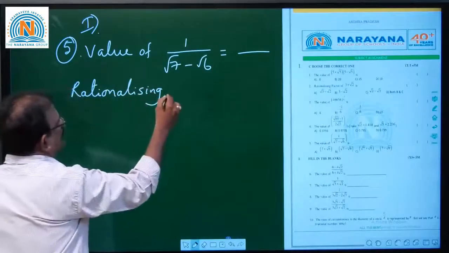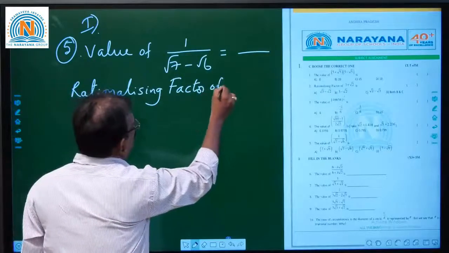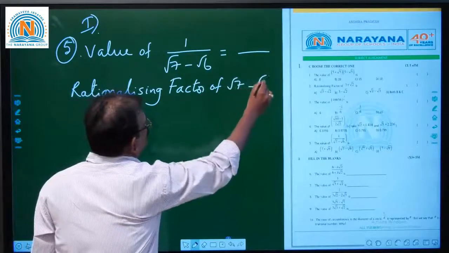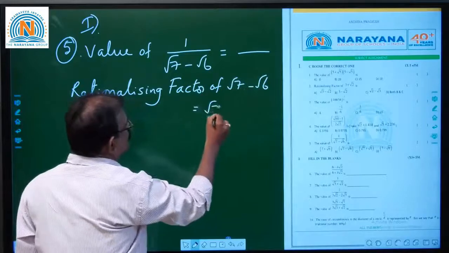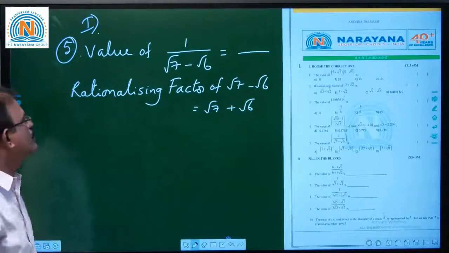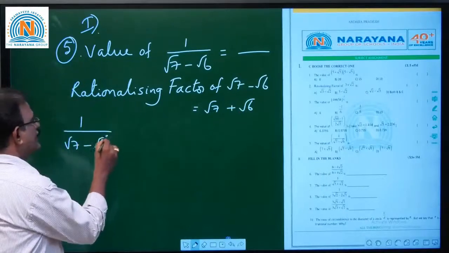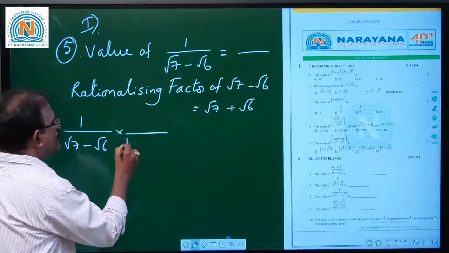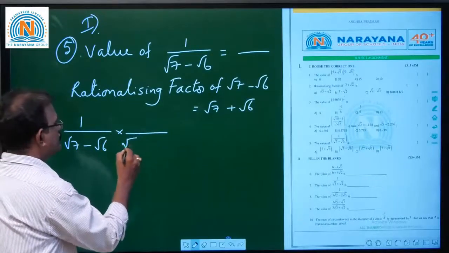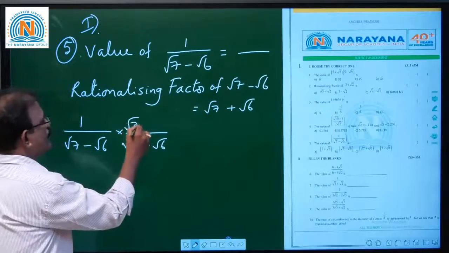What is the rationalizing factor of root 7 minus root 6? It is root 7 plus root 6. We know that. So we should multiply the denominator by its rationalizing factor without changing the initial value.